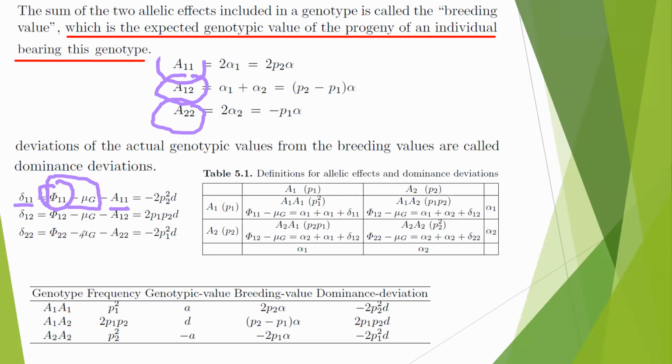That's why the linear prediction model cannot explain this part. So we call this part the dominance deviation, for the three genotypes.